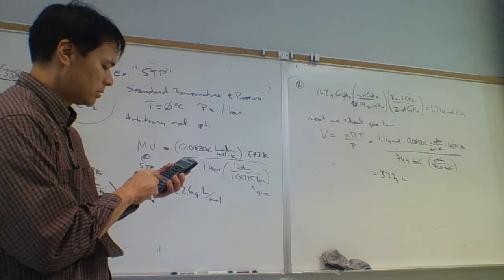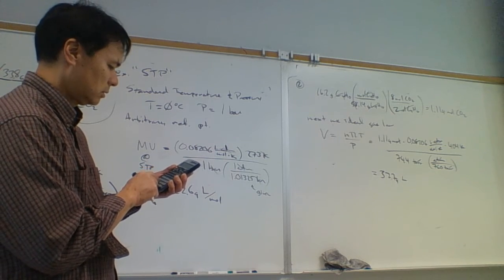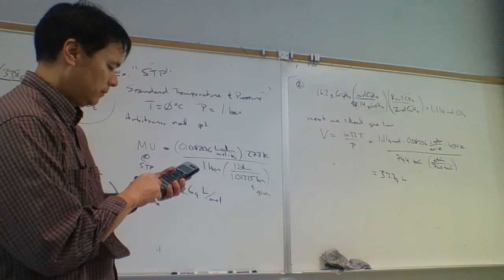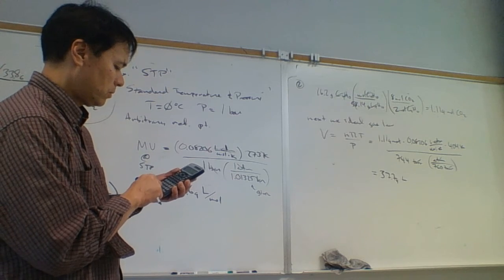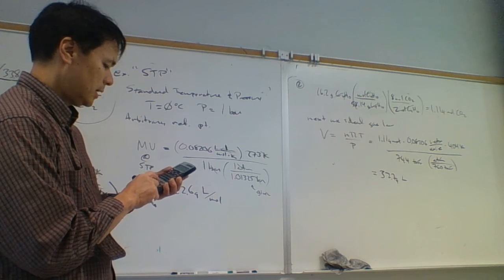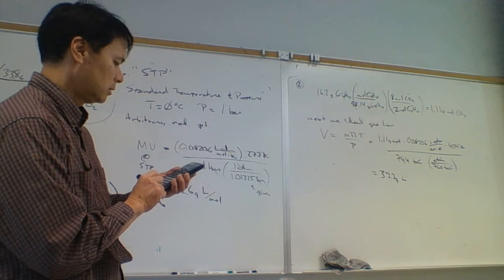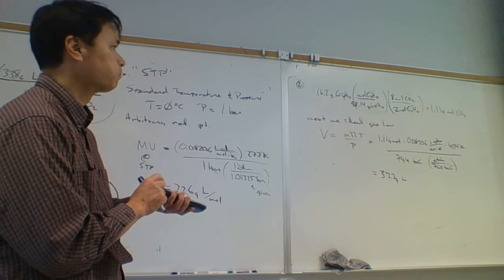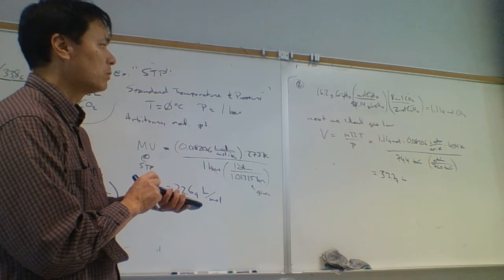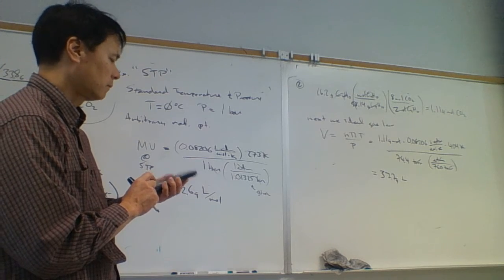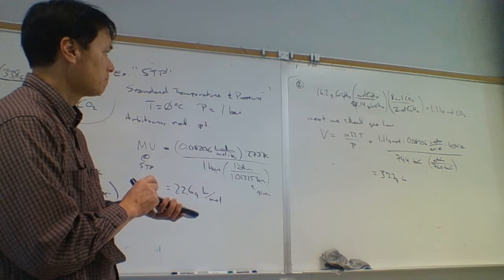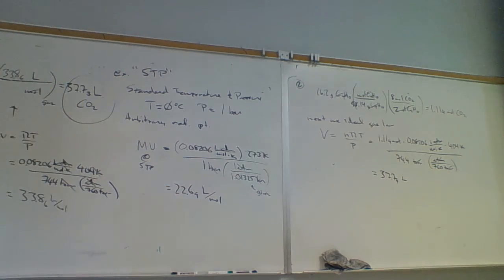Let me recalculate it. 16.2 divided by 58.14 times 8 divided by 2 goes 1.114. I might have written 4, but maybe I was thinking 2 when I did the calculation with 2.